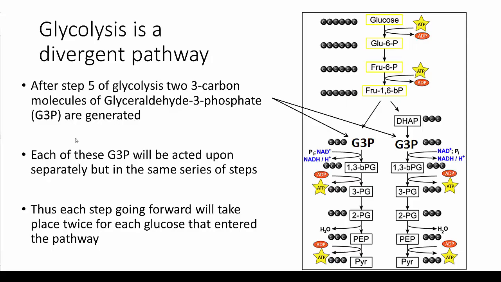Okay, backing up here real quick to one of our earlier slides in glycolysis. One of the important steps in glycolysis is the conversion of fructose 6-phosphate to fructose 1,6-bisphosphate. So this occurs right here in the glycolytic pathway. During this conversion, ATP is consumed.